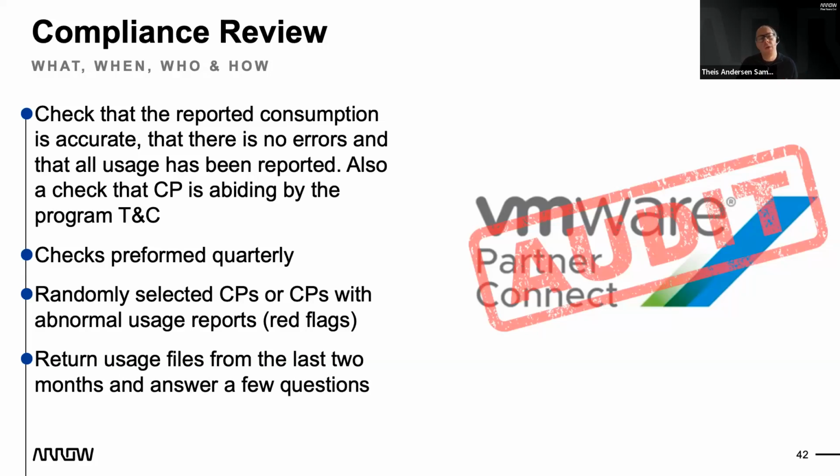That's basically it. You need to answer a few questions about the usage meter version you're running. Very easy. I have partners that complete this within 5 minutes. It's not a big deal if you're running according to the terms and conditions of the program. If you get picked for an audit and you're not running usage meter, expect it to take longer than 5 minutes. Just saying.